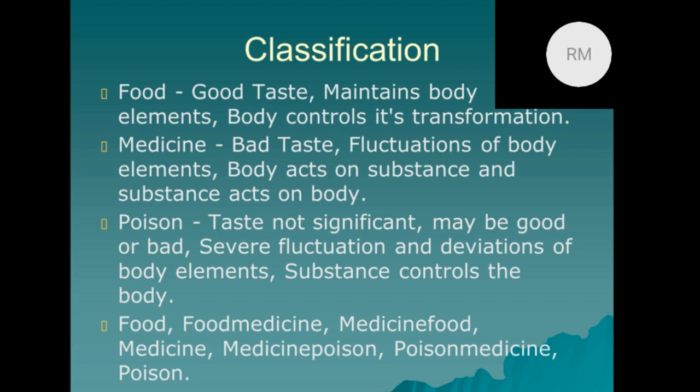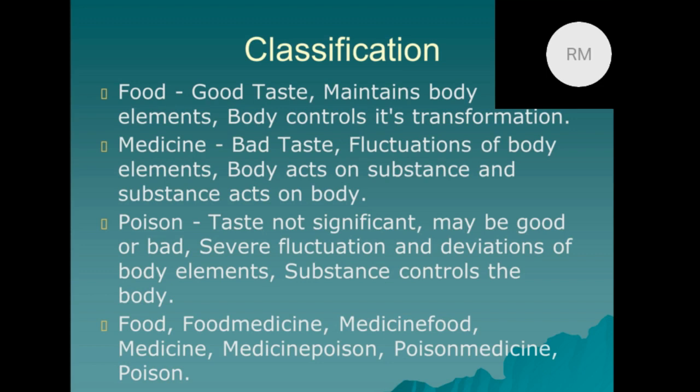So I wanted to point out three important divisions which we will again come back to. Food, food medicine, and medicine food. This is a unique classification in Ayurveda. Something which has only nutritional properties is called food.